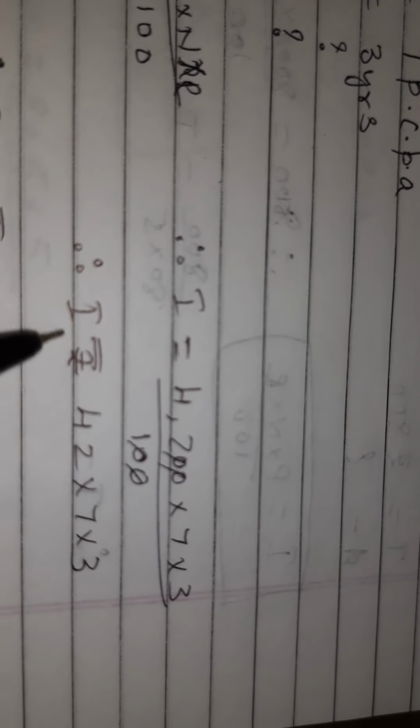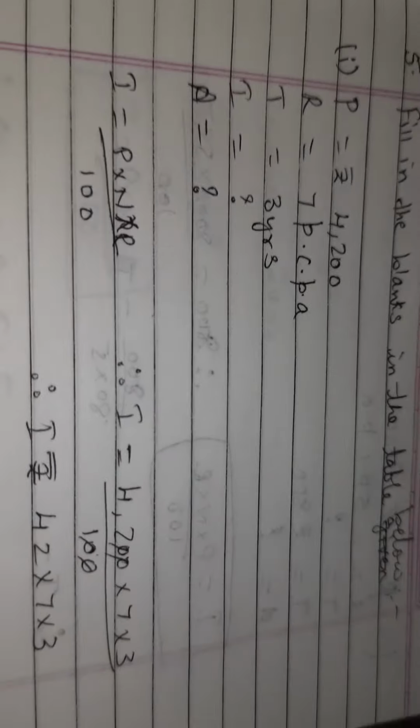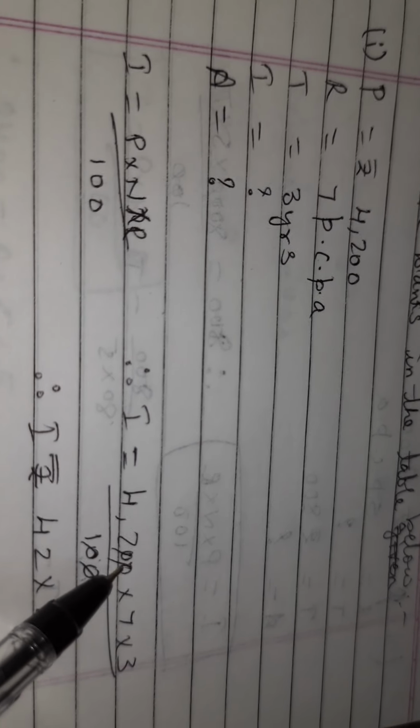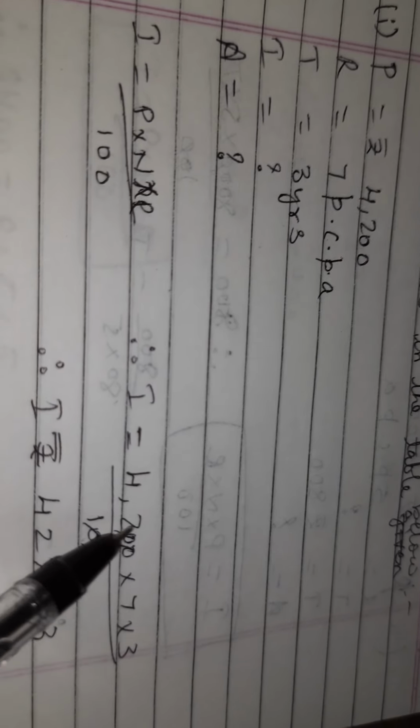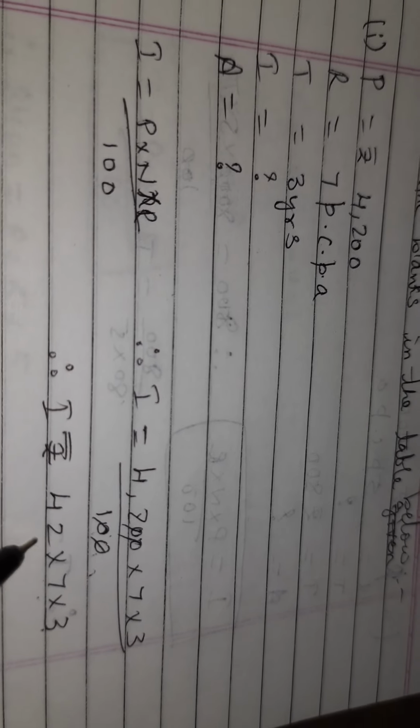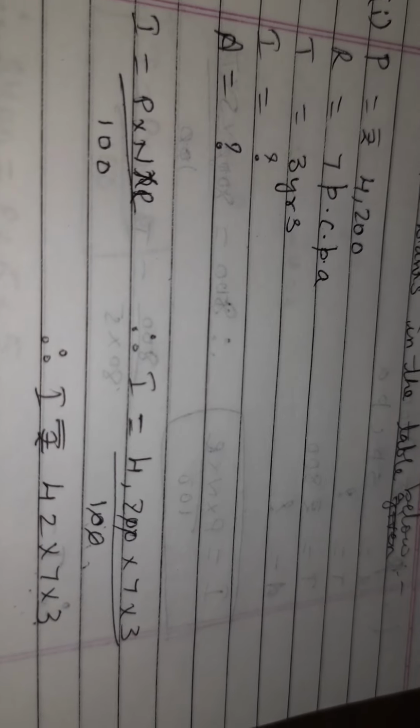See, cancel, 2 zeros are cancelled, so the 0 0 of the 100 and these 2 zeros are cancelled, children. So we are left with 42 into 7 into 3. So you could multiply 42 into 7 or 42 into 21, 7 3s are 21, whichever way you find it easy. I have done it here, see, 42 into 21, so you get 882, children. So we write down interest we got as rupees 882.